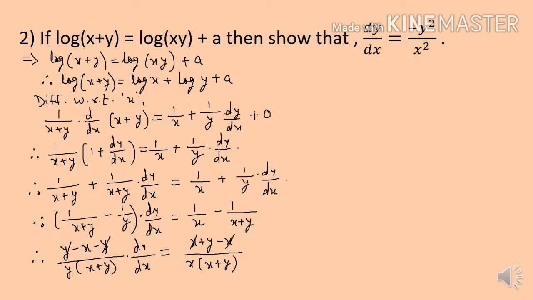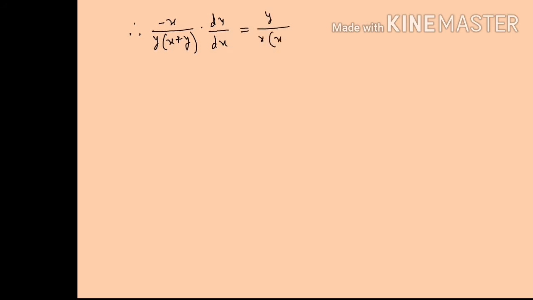So let's move to the next screen. Therefore, minus x upon y into x plus y into dy by dx is equal to y upon x into x plus y.